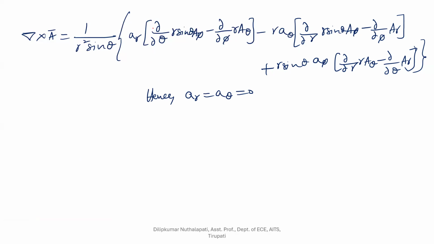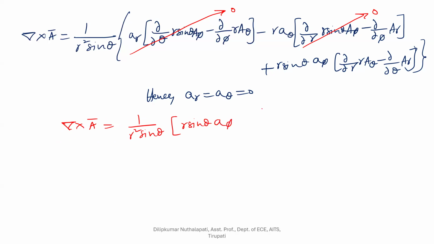With that consideration, the first term will be 0 and the second term will be 0. Then we get the simplified equation for del cross A bar equal to 1 by r square sine theta into r sine theta into a phi times dou by dou r into r A theta minus dou by dou theta into Ar. So this is the equation.